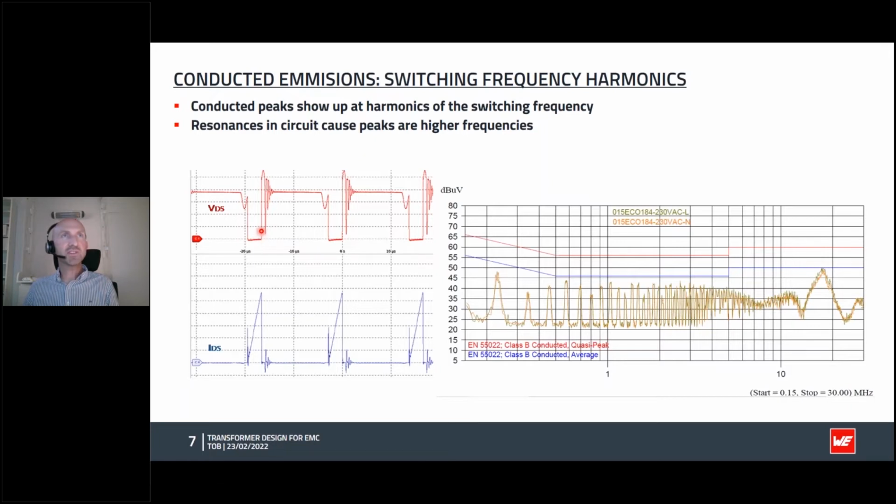Then when we turn off the switch, the voltage swings back up to a high level. This level here is a function of the leakage inductance I talked about. The higher the leakage, the higher the spike will be. And that's ringing with the output capacitance of the MOSFET to give this ringing here.